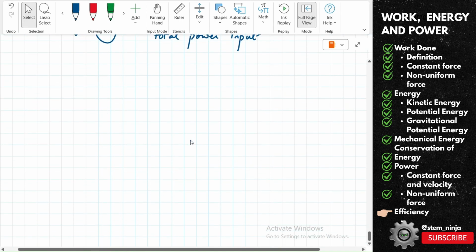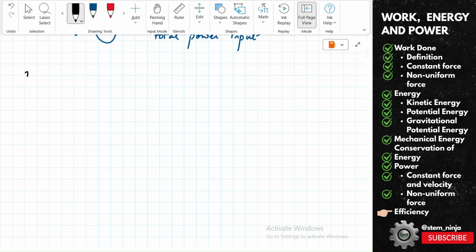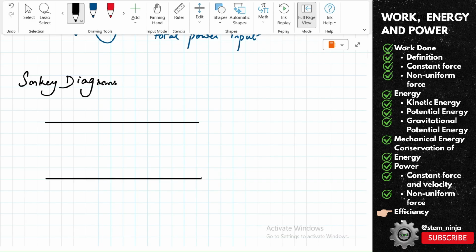Now, a familiar diagram which you may already remember from IGCSE or O-levels or in the books are Sankey diagrams, which are a very neat way of showing efficiency. So these are just arrows, and the width of those arrows tells us how efficient a system is.